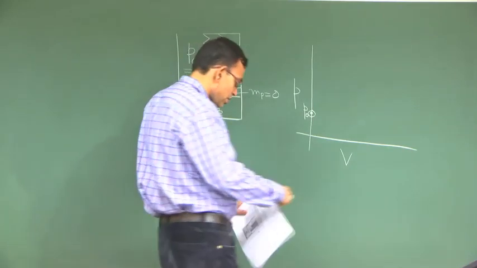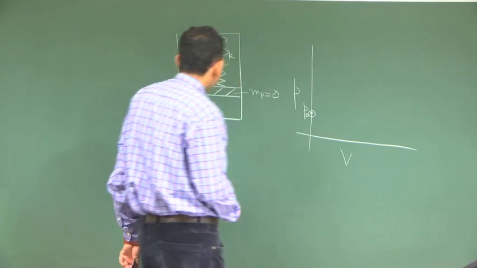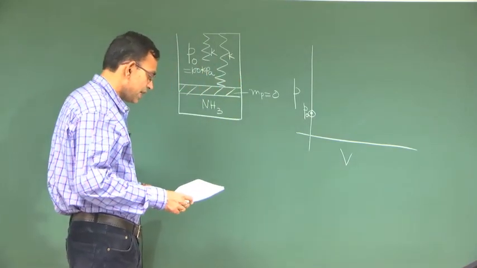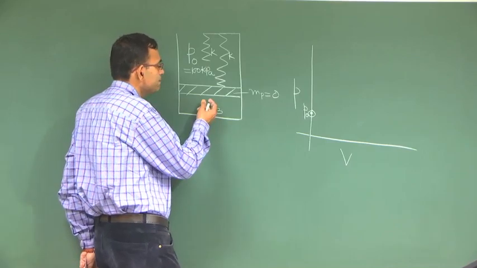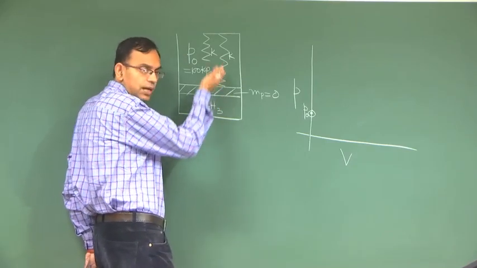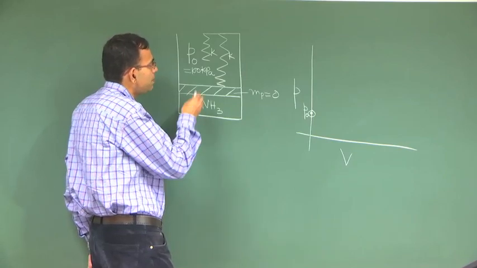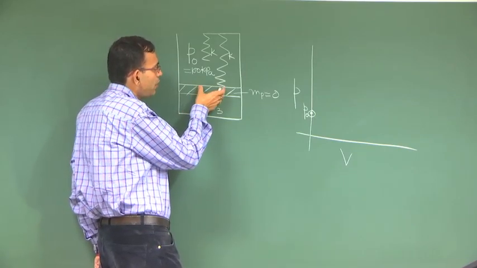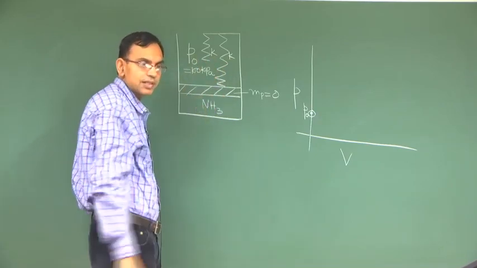But this is not the real situation. Now, here the process takes place through heat transfer and the piston goes up. When the piston goes up, there is a particular point when the piston is in contact with both the springs.